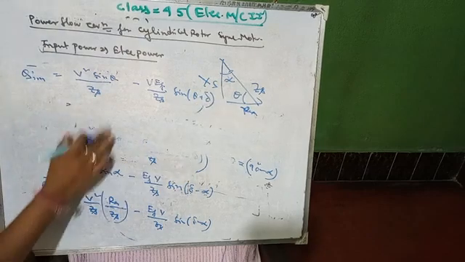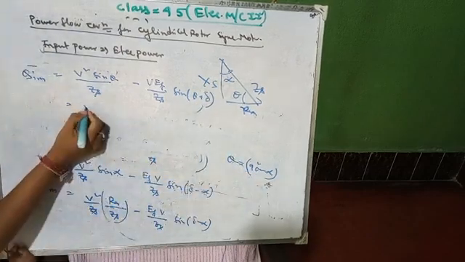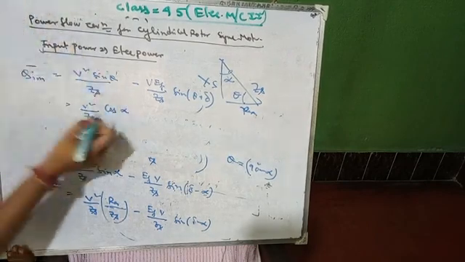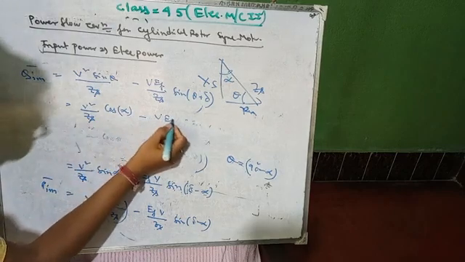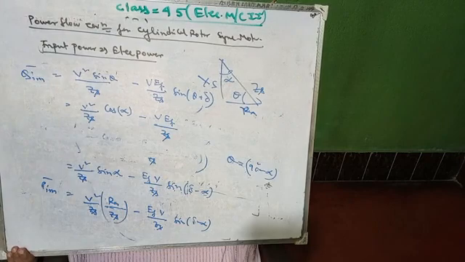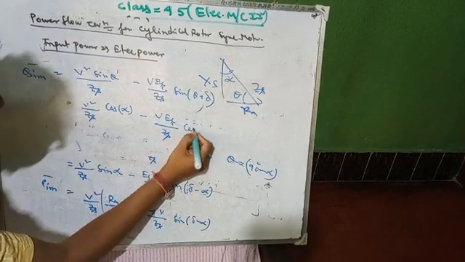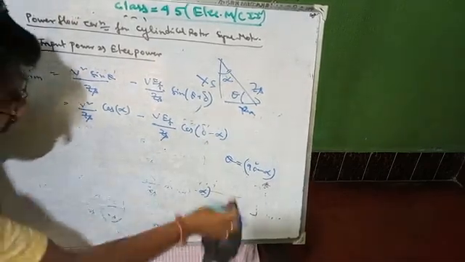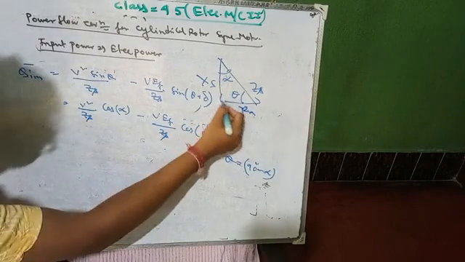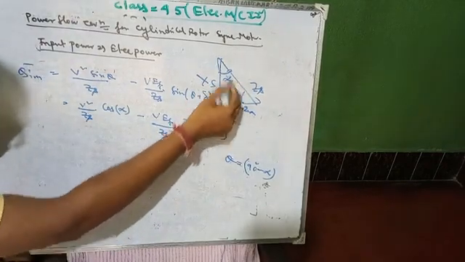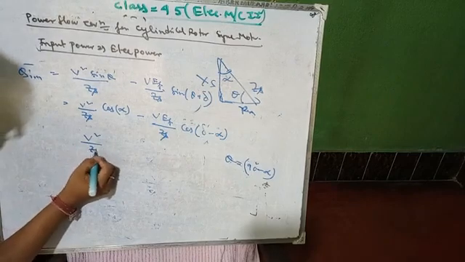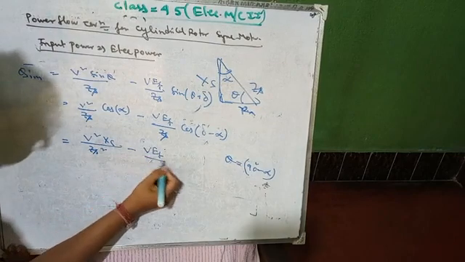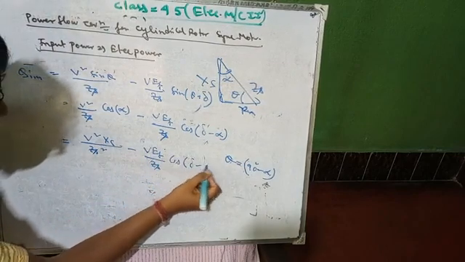Again, applying theta equals 90 degree minus alpha, V square by ZS cos alpha minus V into EF by ZS cos of del minus alpha. From the impedance triangle, cos alpha is base by hypotenuse, that is XS by ZS, so QIM equals V square XS by ZS squared minus V into EF by ZS cos of del minus alpha.